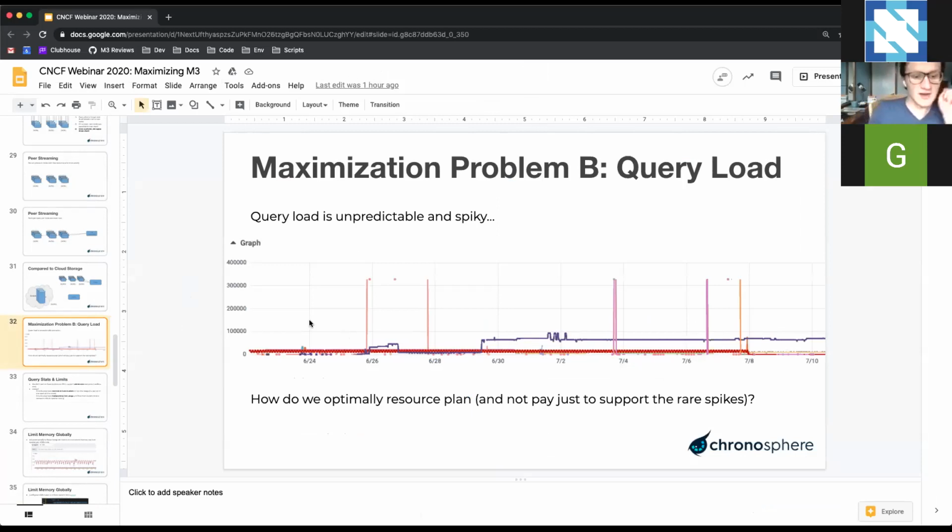Oh, interesting. So dynamic scaling of the nodes, I guess the problem with that is it's really hard to do that in a just-in-time fashion, right? Yes, you can have elastic scaling to some degree, but at least on the M3 side, we don't have that as a first-class feature.